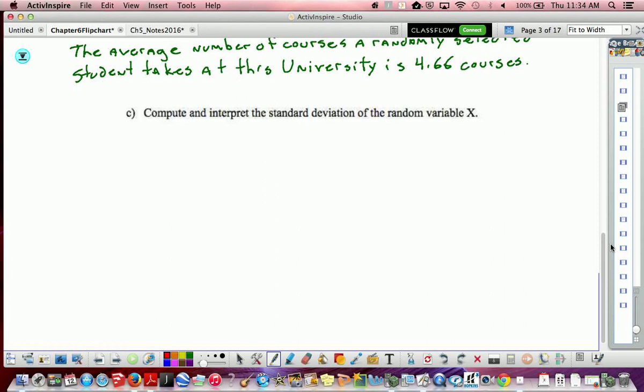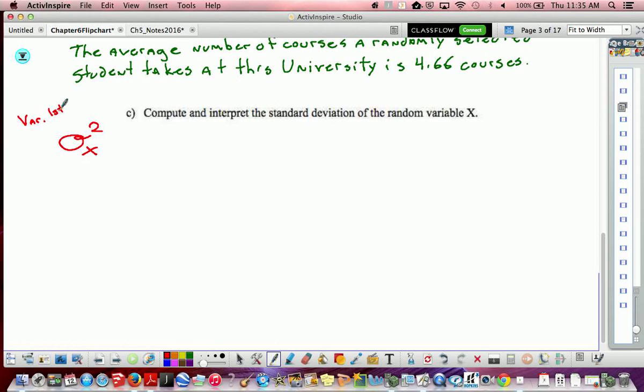So I'm going to do the variance. Again, I write the symbol notation, sigma of x squared, and that represents variance. Once I get that answer, just simply square root it.